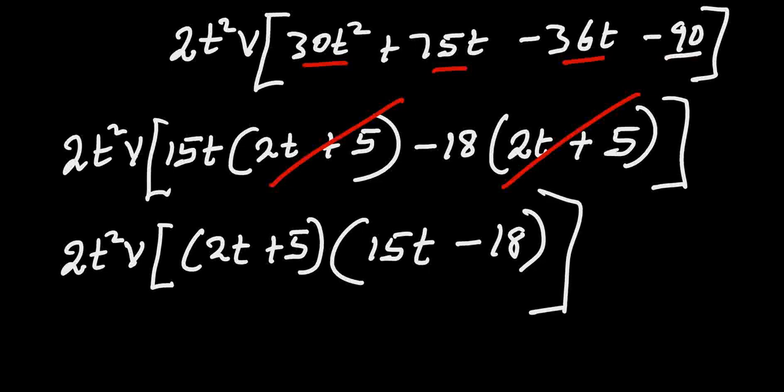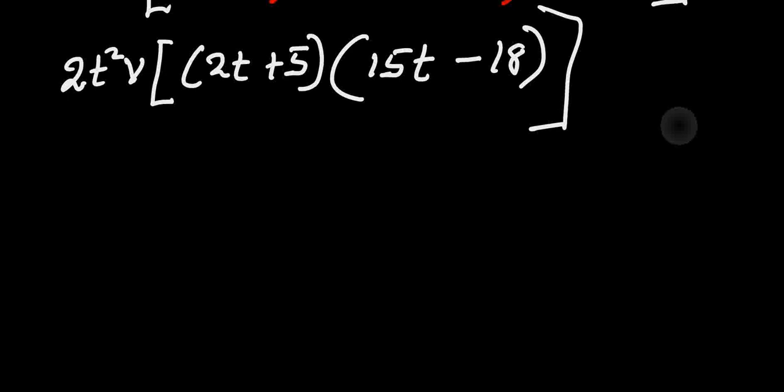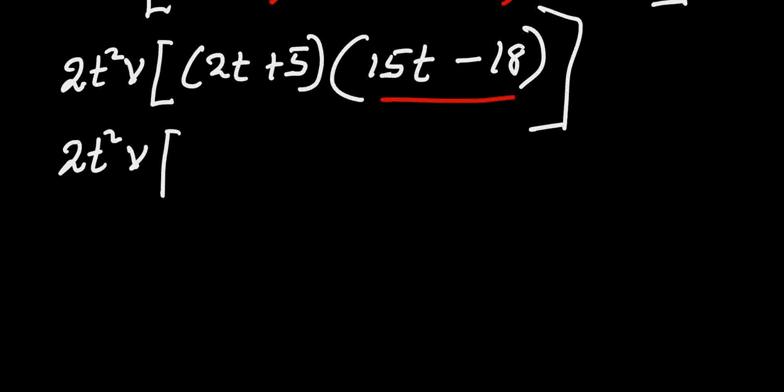Good. Now, if you look at this term very well, this can be factored because we have the GCF of 15t and 18. The GCF of 15t and 18 is 3. So this will automatically become 2t squared v. You can also use the block bracket and bring the GCF over here, 3, and 2t plus 5.